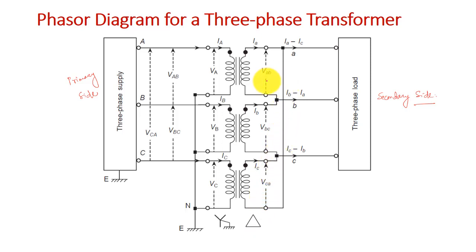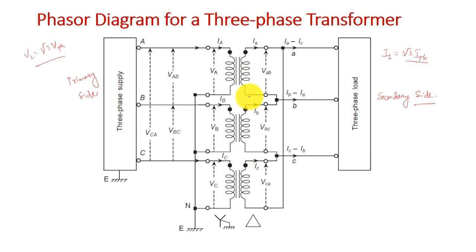Here we will see the phase voltage and line voltage are different. The relationship we already know. I can write the line voltage as √3 times the phase voltage, V_PH. Similarly, in case of the delta side, I can write your line current as √3 times the phase current. These windings carry the phase current.